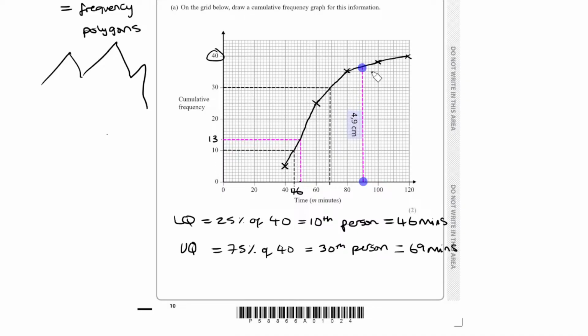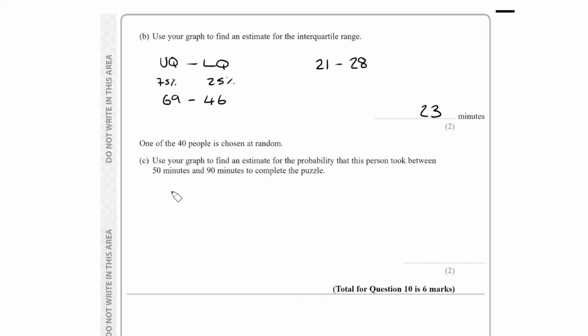Up and then across. I seem to all be halfway between, but that's fine. What, 37 I got there? So the people between that is obviously I need to subtract that as well, don't I? So I got 37 and 13, so let's do that. 37 minus 13 gives me what, 24?